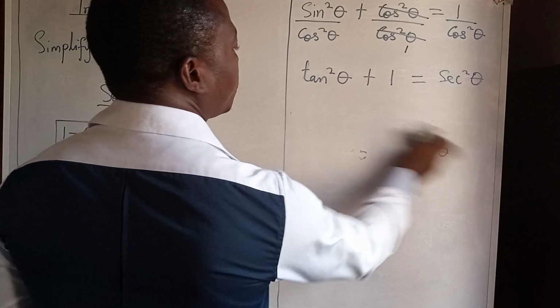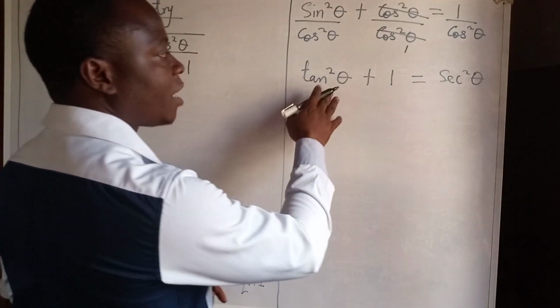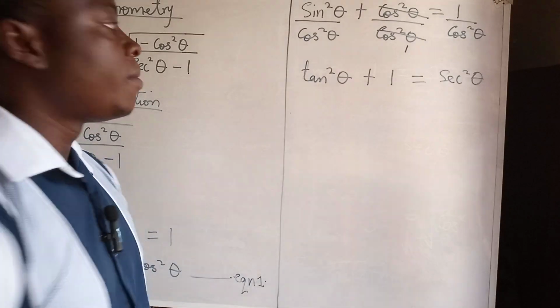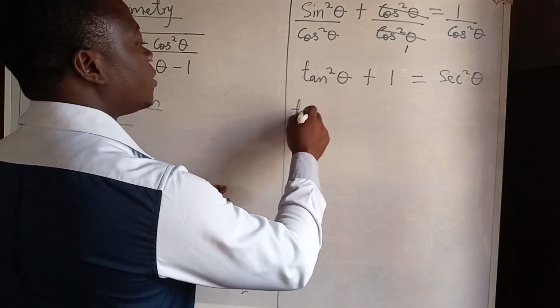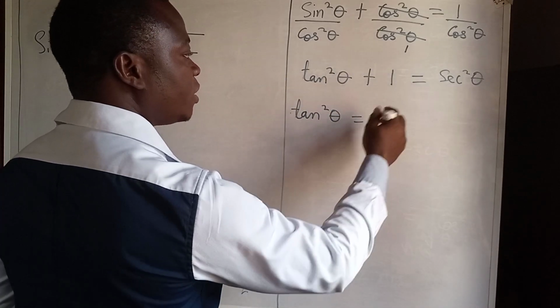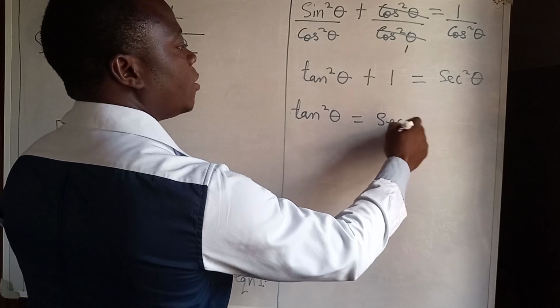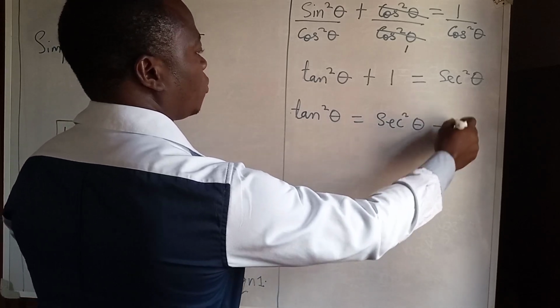So if I make tan squared theta the subject, tan squared theta will be equal to, plus 1 crossing the equality becomes negative, so that will be sec squared theta minus 1.